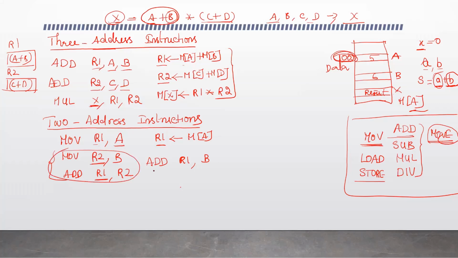Okay, we replace these steps with add R1 comma B. R1 already has A, and the data at memory location B is added to R1, and the result gets stored in R1.